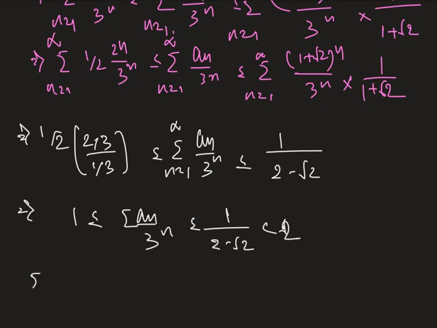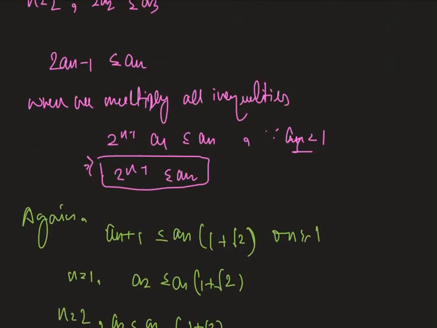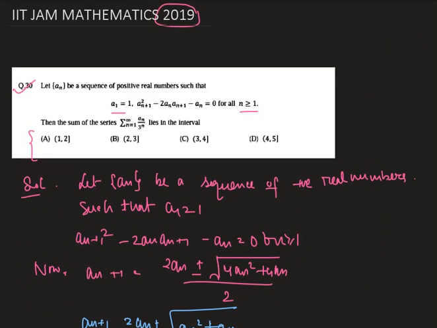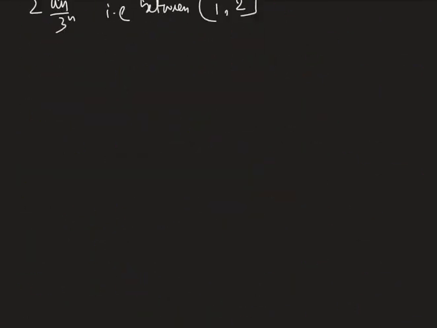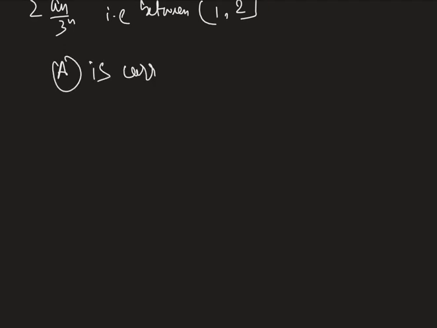Therefore the value of the required series is between 1 and 2, closed. Therefore the correct answer is option A. Okay, so that's all for today. Thank you very much.